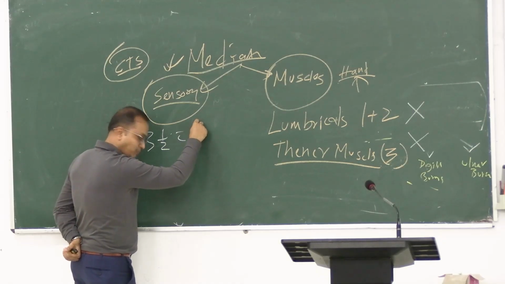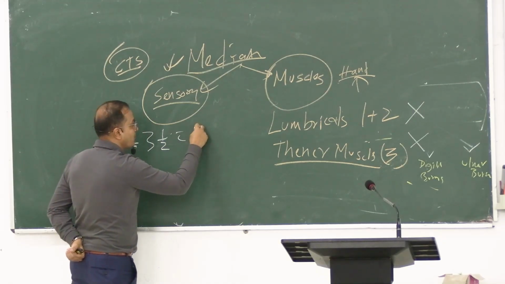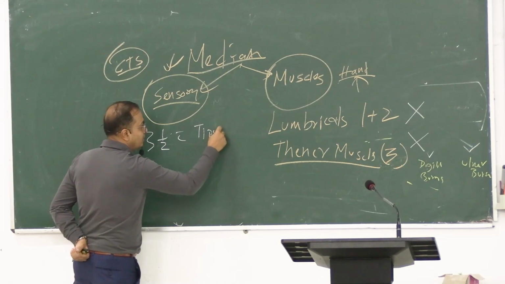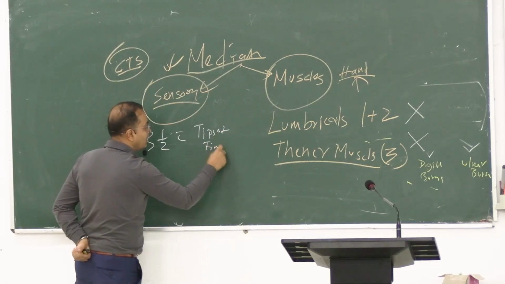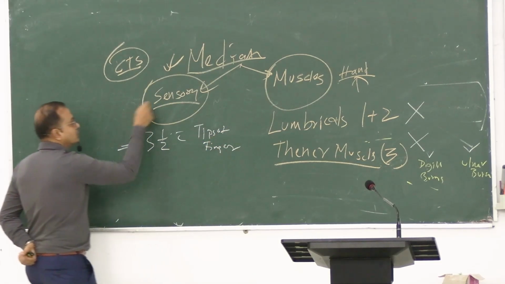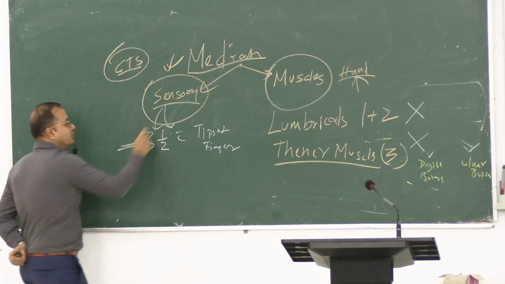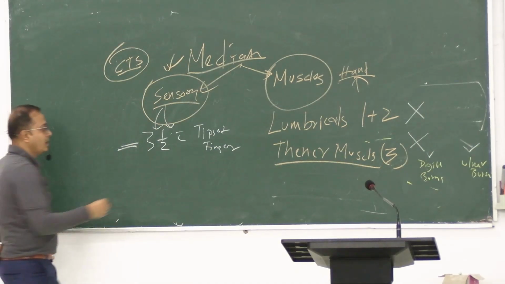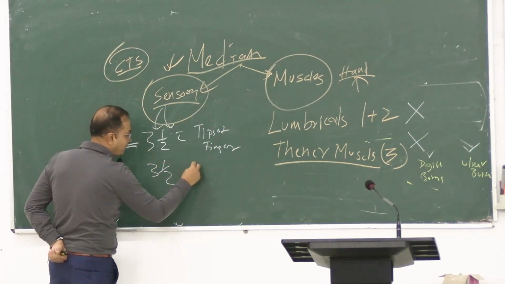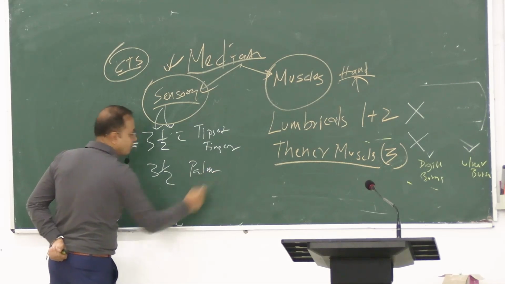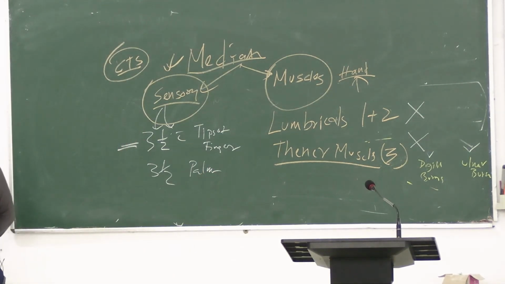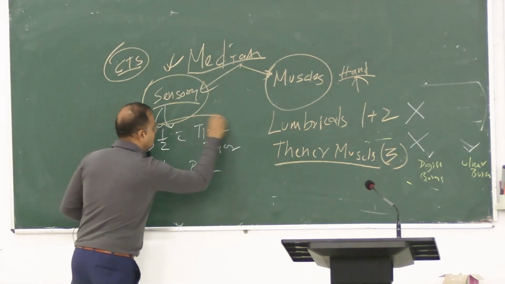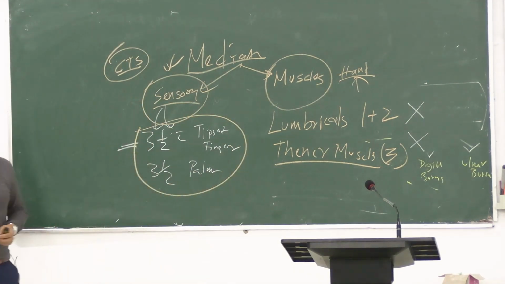All right, with the tips of the fingers or nail beds. So it supplies the skin of 3.5 fingers and 3.5 of the palm, or palmar surface. The dorsal surface is supplied by the radial nerve. So if you have a median nerve injury, will this sensory function be present or not?